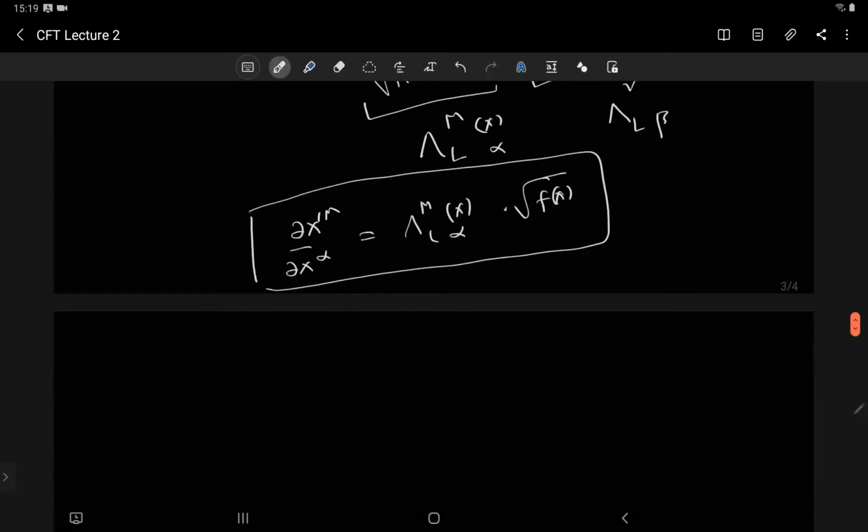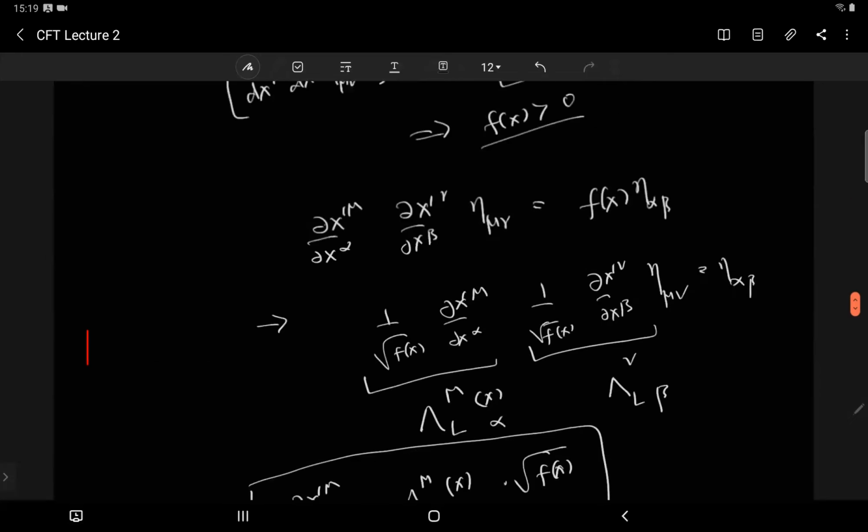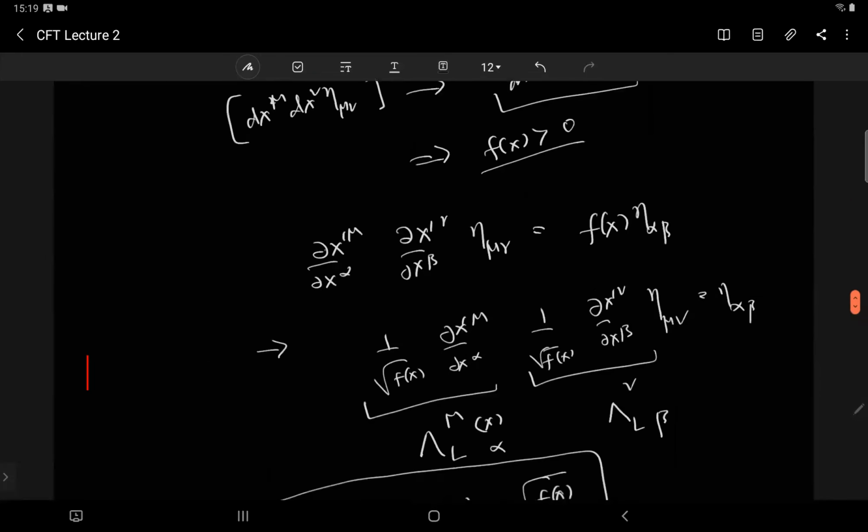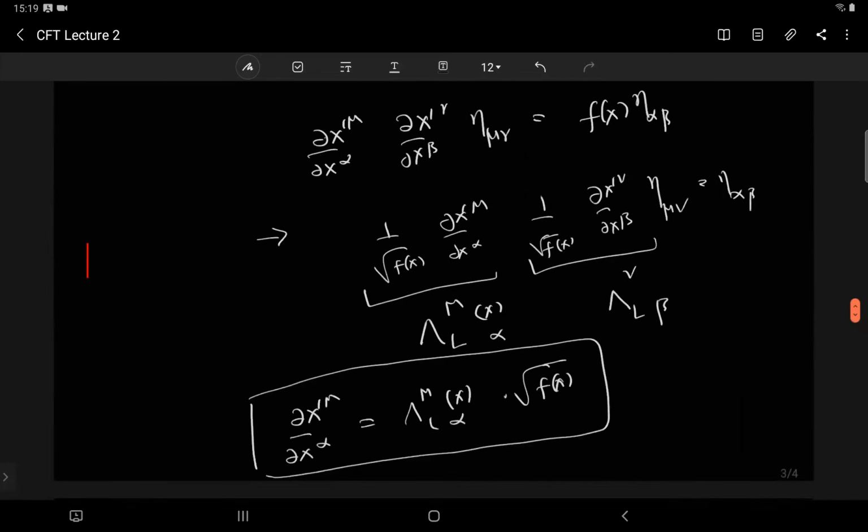Sir, why are we calling it a general solution? General solution because that is what you get here, right? Because if you divide by root f, then we know the solution to this. This is by definition the Lorentz transformation.